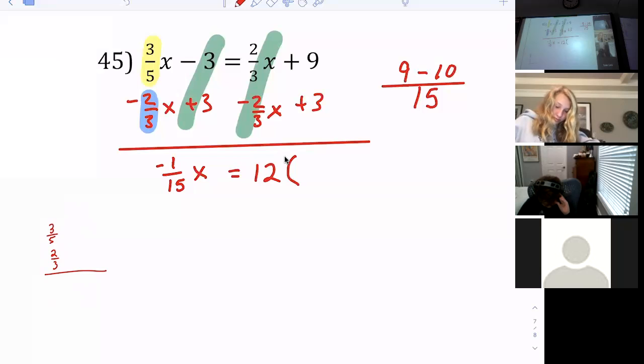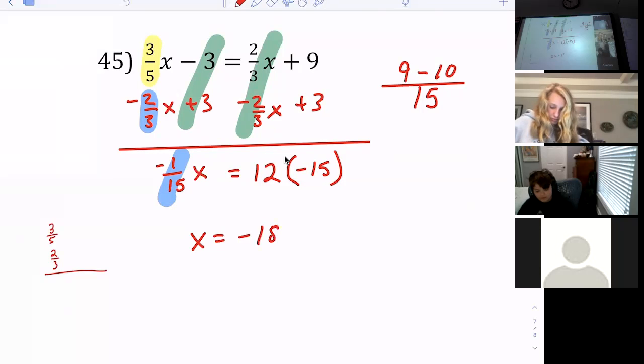How about we say negative 15? Now you can say 15 over 1, but to me sometimes that complicates it. We're just multiplying by negative 15. You should come over here and say, boom, that's gone. So now I have x equals negative 15 times 12, negative 180.